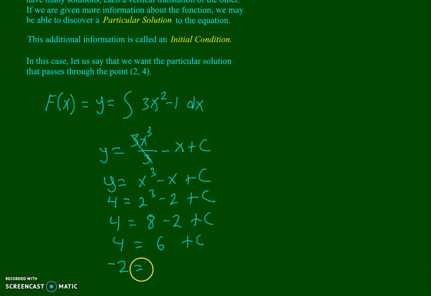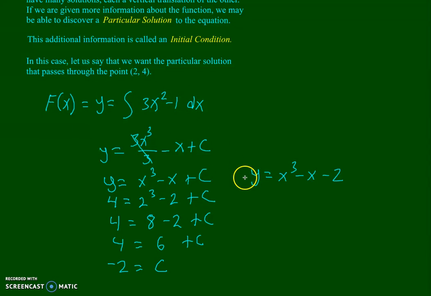Negative 2 equals c. So our particular solution then is going to be y equals x to the third minus x minus 2. This is the particular solution, the particular vertical translation of the general solution of this differential equation.